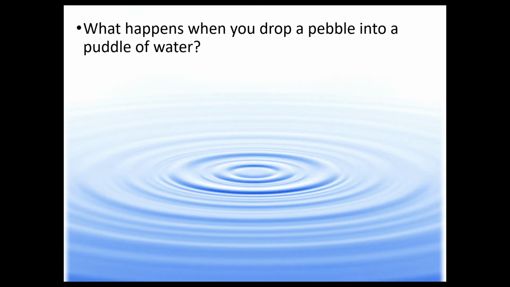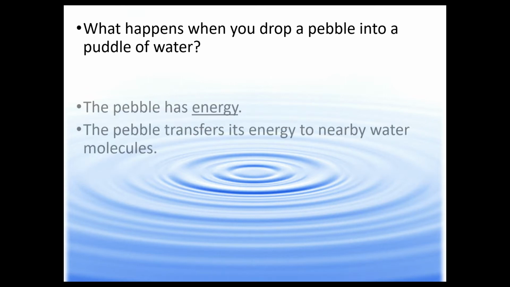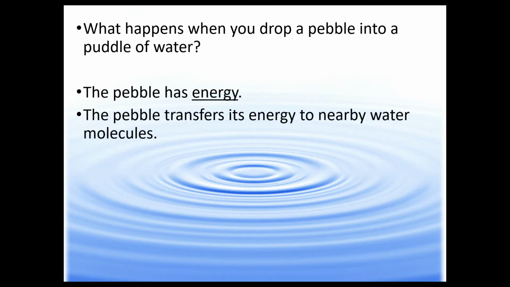If you'll answer this question for me, hopefully you remember a time where you dropped something in a puddle of water or bucket of water. So if I were to drop a pebble into a puddle of water, what would you notice? And hopefully you remember from past experience that you probably notice ripples in the water. That's because the pebble or whatever you drop into the water has energy.